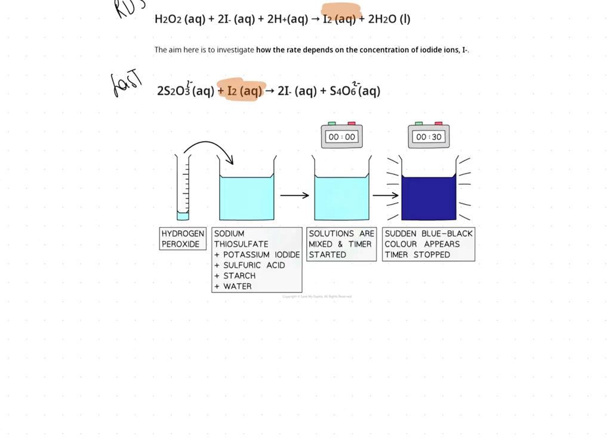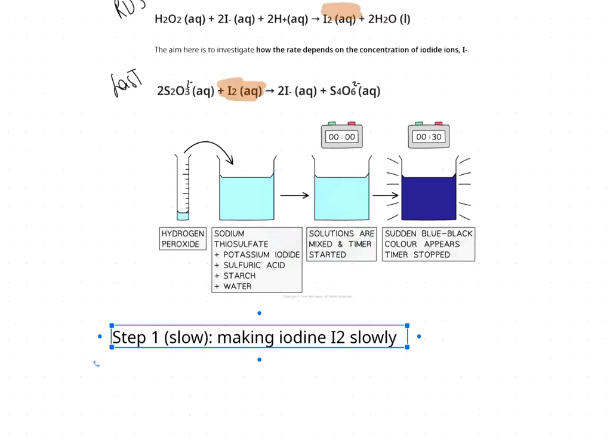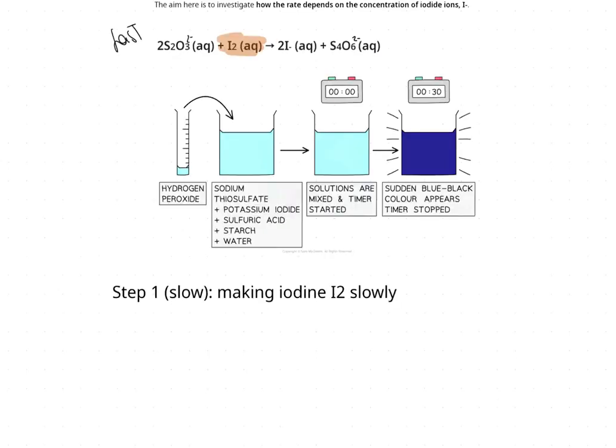Okay, so let's recap the steps. In step one, we are making iodine slowly. And to dive a bit deeper into this type of reaction, it is actually a redox reaction because we have the hydrogen peroxide forming water.